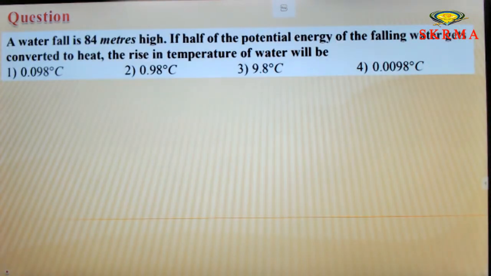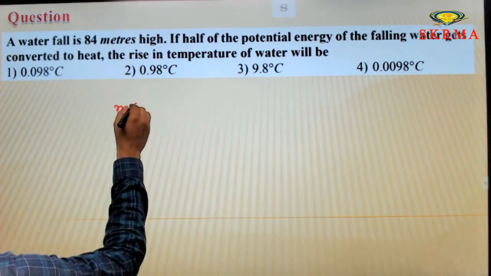Next one: a waterfall is 84 meters high. If half of the potential energy of the falling water gets converted into heat, then what will be the rising temperature of the water? So what is the potential energy? mgh.